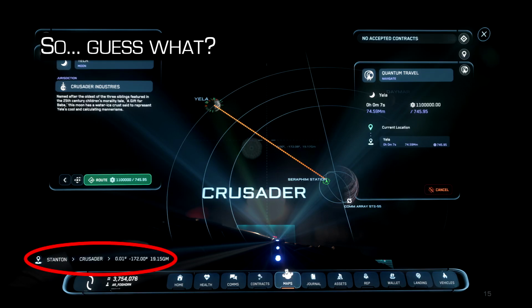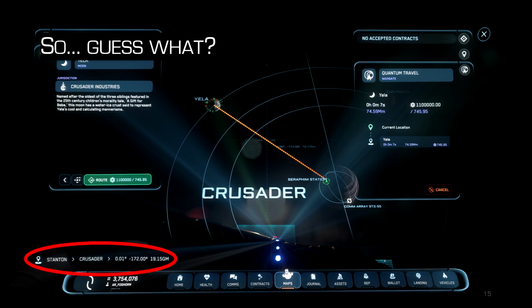So the good news is, I don't know if it was in 4.1 or 4.0, but in the very recent patches, they have added the ability to look at coordinates on the map, and you will notice that there is a number with a degree followed by another number with a degree followed by a distance. So perhaps a longitude, latitude, and a range.